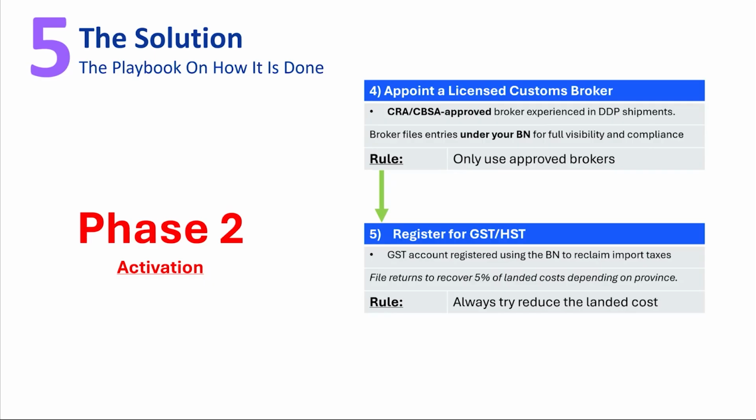Once you are approved and recognized as a compliant importer, you now have to appoint a licensed customs broker, a business that is able to file those entries under your BN and link it to your CARM portal registration. This is also the process where your GST registration would be utilized for customs clearance, which would then allow you at a later stage to reclaim those import taxes, or that import GST.